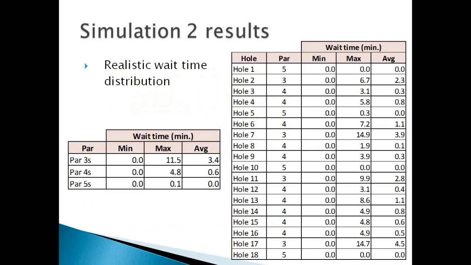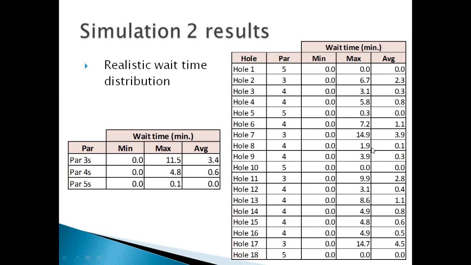So if we look at it on the right hand side here, we have for all the holes what type of par it is, what's the minimum, maximum, and average wait time that foursomes have waited.